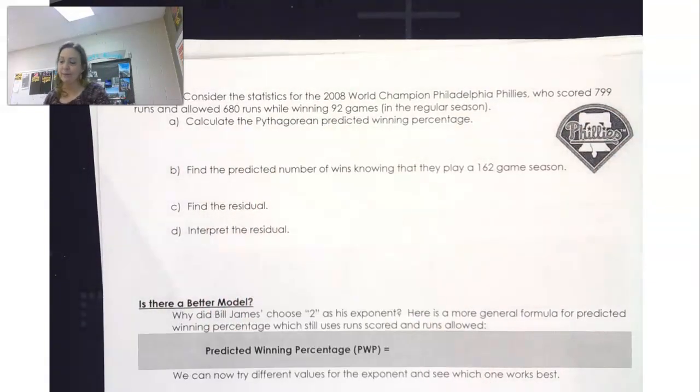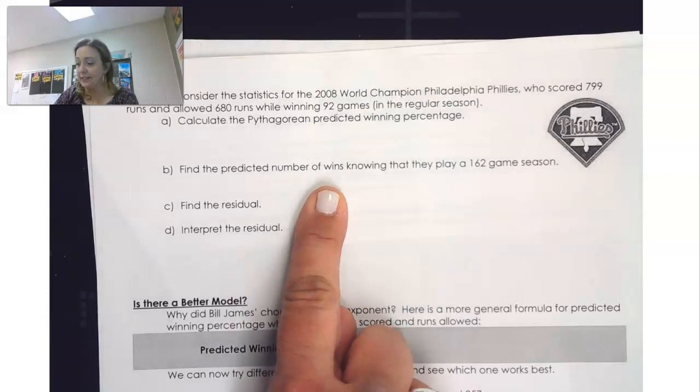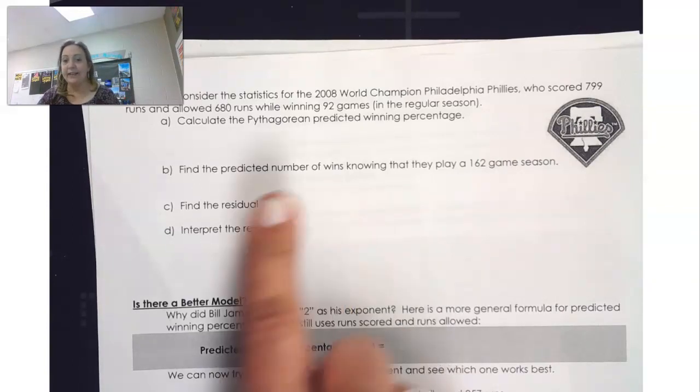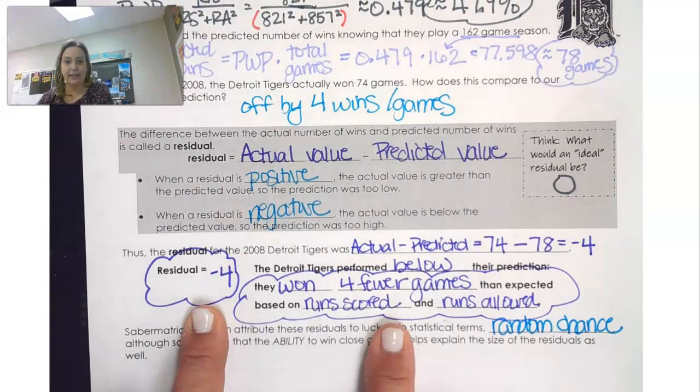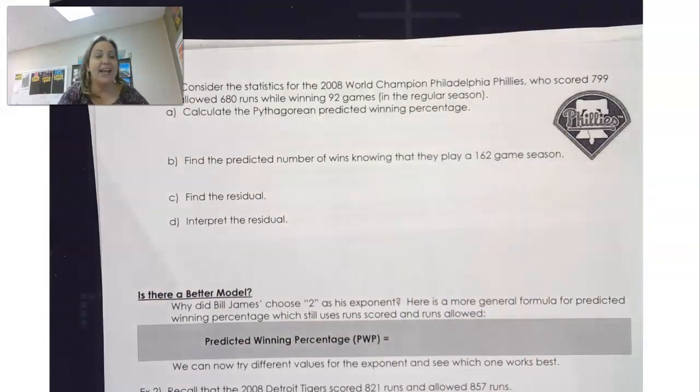So I'd like you guys to take a minute and calculate the predicted winning percentage, find the predicted number of wins, knowing they play a 162 game season, just like we did in our letter B. And then in letter C and D, we're going to find the residual and interpret it just like we did on the front here. Okay, so pause the video and let's see if you guys can do this.